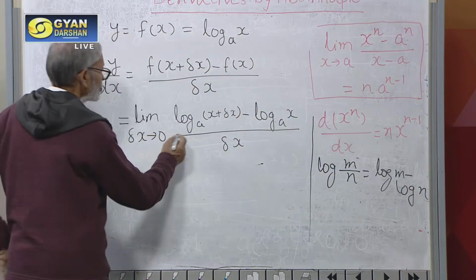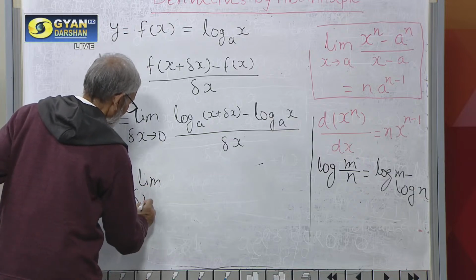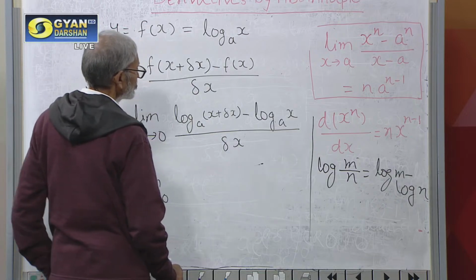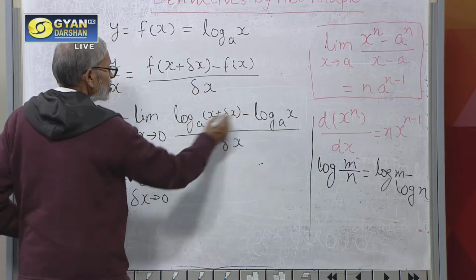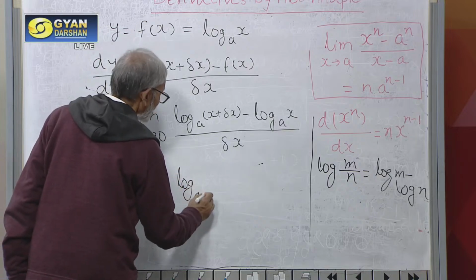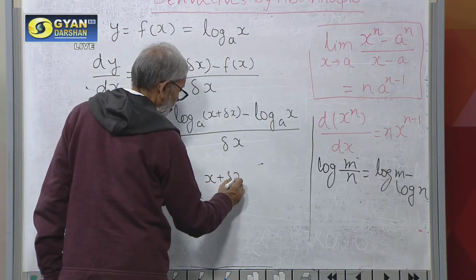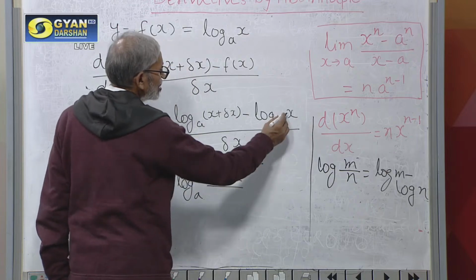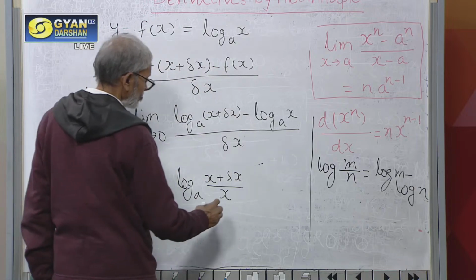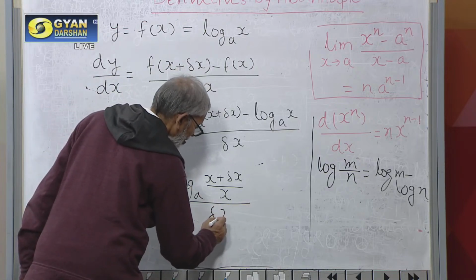So, this expression we can write as limit delta x tends to 0. Now, the numerator we can write as log of a (x plus delta x), and this x will come in the denominator because it is a minus sign, divided by delta x.